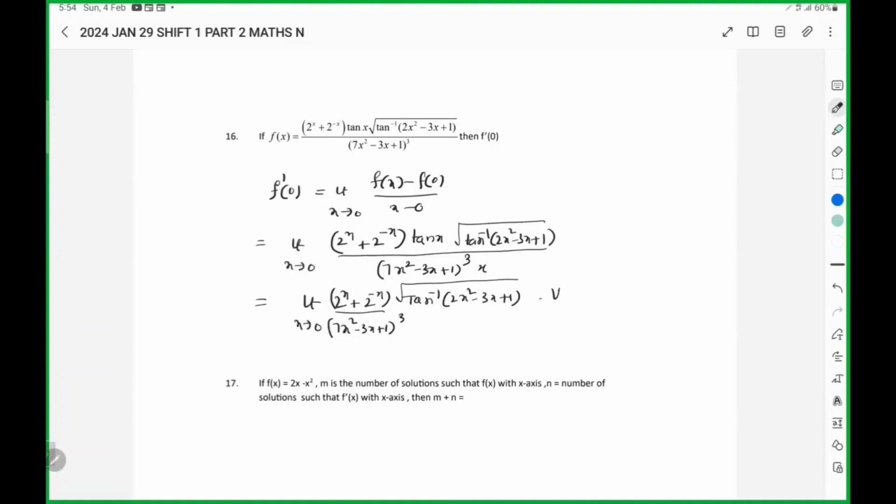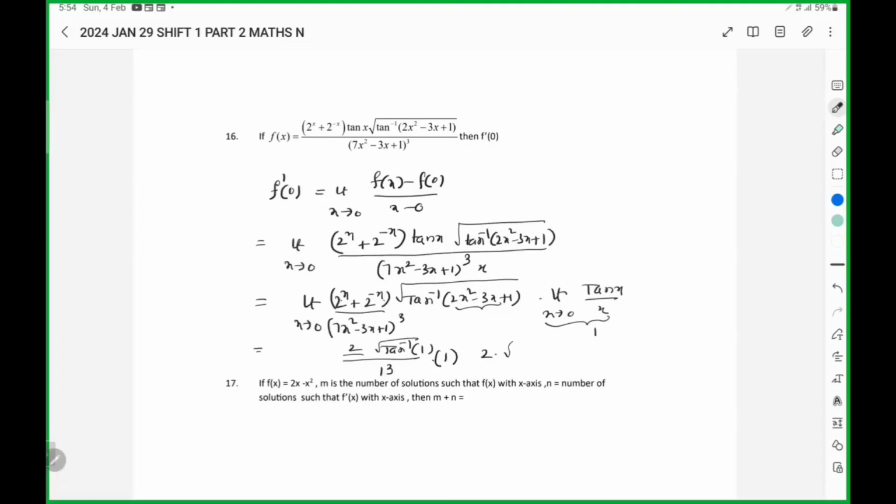The only problem is tan x by x, which is the standard format. Here it is 2 power 0, 1 plus 1, root of tan inverse 1 after substituting 0, and 1 cube.